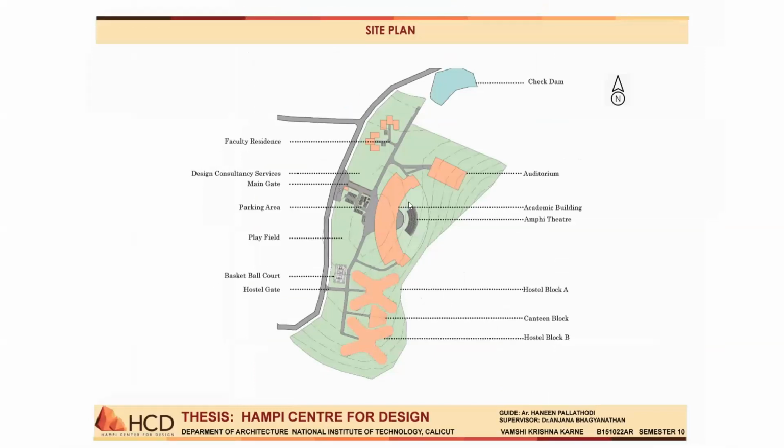And this is a site plan of Hampi Center for Design. So here I would like to explain the little concept. The site is facing towards the west. So it's highly heated in this direction, mainly due to the direct sunlight, and the full site is along the road and mainly towards the west.